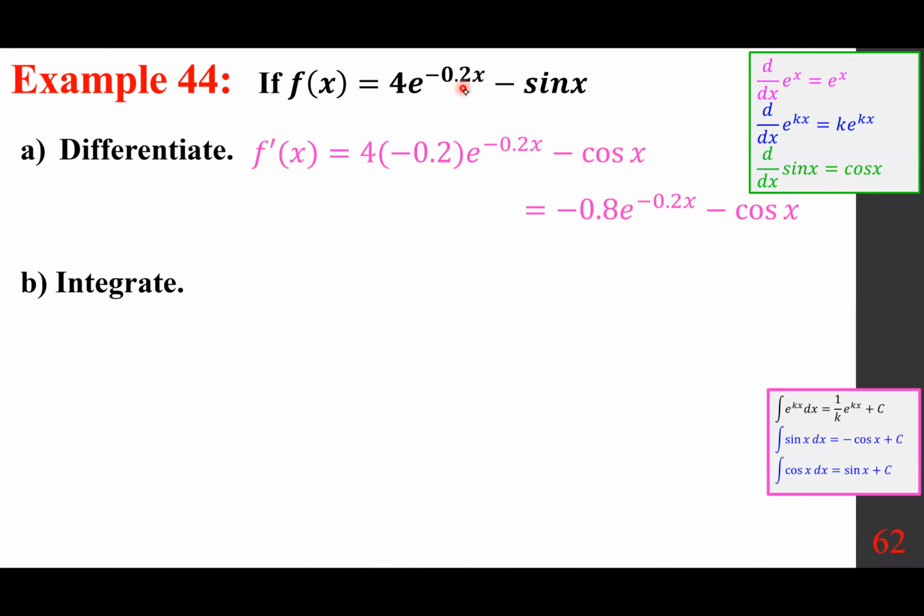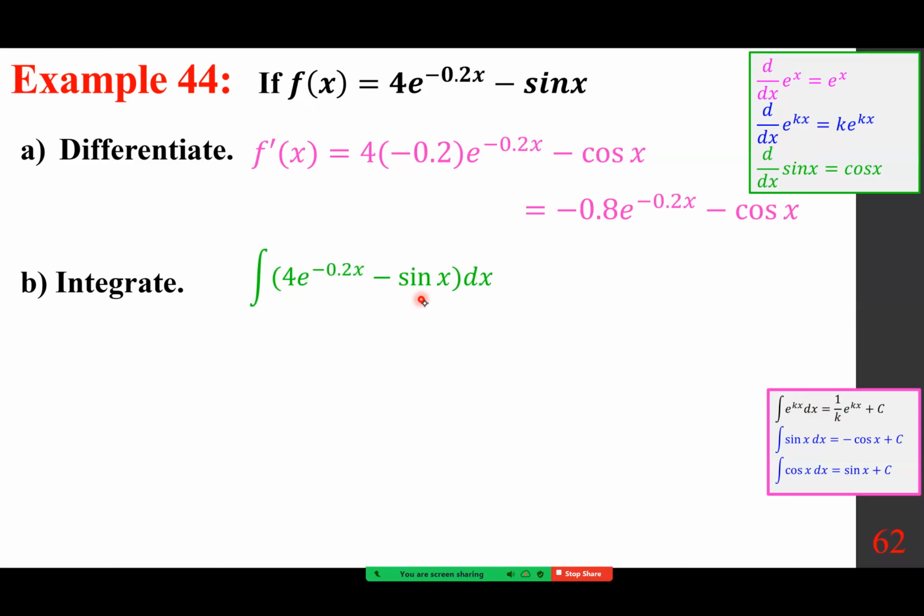If I want to integrate, I have to put a dx next to it. And as you can see, for the differentiation, we multiply by k. For the integration, we divide by k. So 4 divided by negative 0.2 e to the power minus 0.2x minus the derivative of sine is cosine, but the integral of that negative cosine.